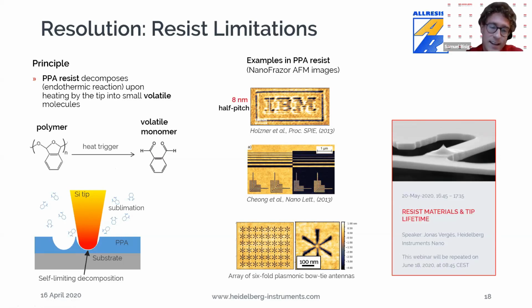So that's ideally what we want to have for a resist. You can see in the examples what we could do with this high-end polymer system, which is available to buy from Allresist. I just want to briefly mention, if you want to know more about the resist materials and tip lifetime, my colleague Jonas will have a talk next Wednesday about this.